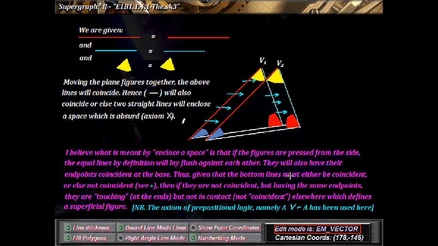So if we apply that axiom, then the bottom lines must either be coincident or else not coincident. There are only two possibilities, true or not.